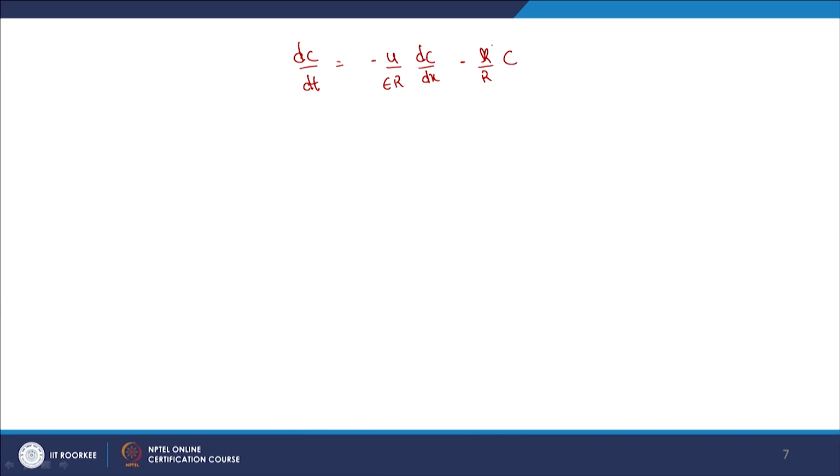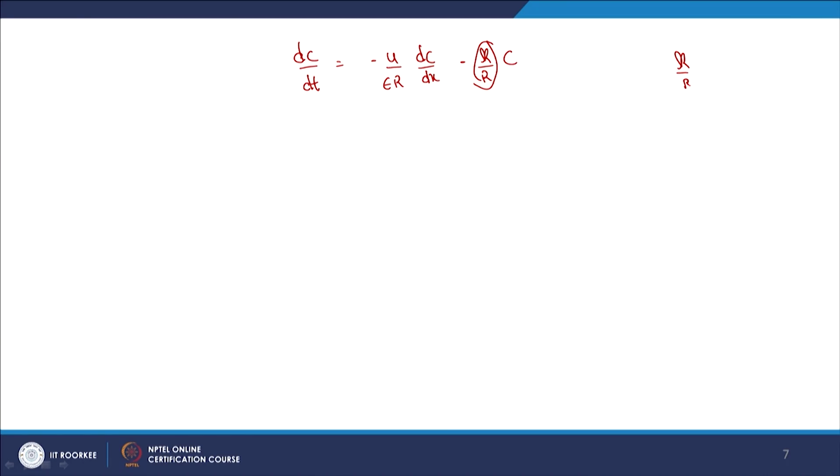So, again as we did in the earlier case, k by R, what is that? R is the retardation factor, k is the actual rate constant. So, k by R we represented as k dash, or the apparent first order rate constant. That is what we are going to have, and let us look at what we have here, right. If I can transform that further, x by u by epsilon, and let us say that is going to be R, right.